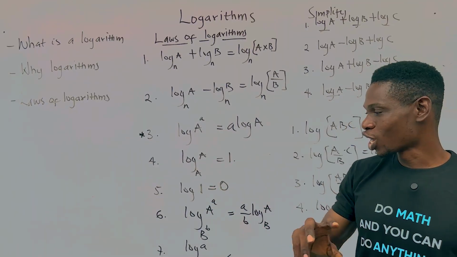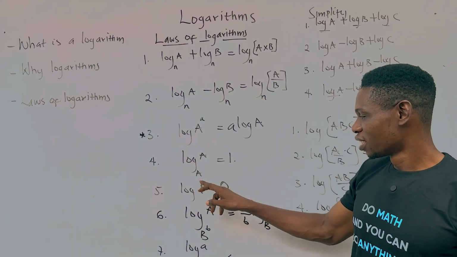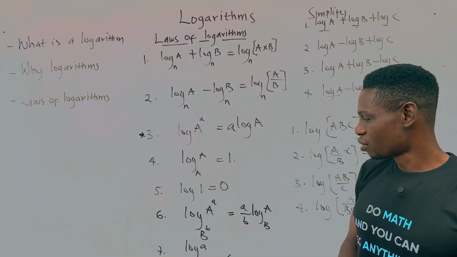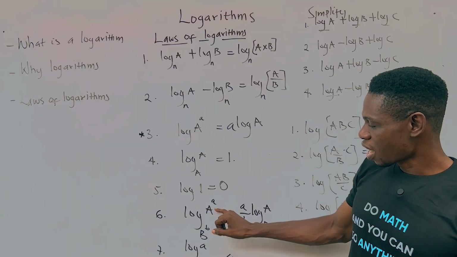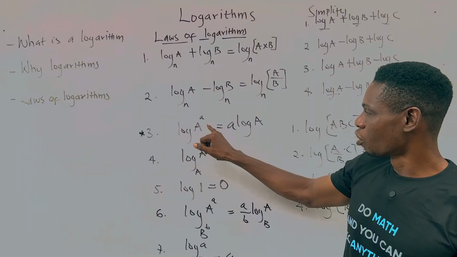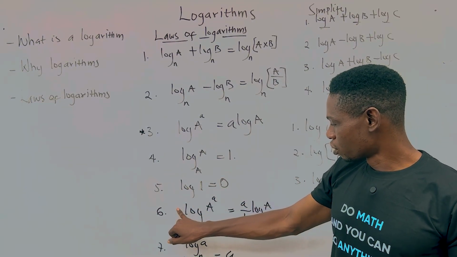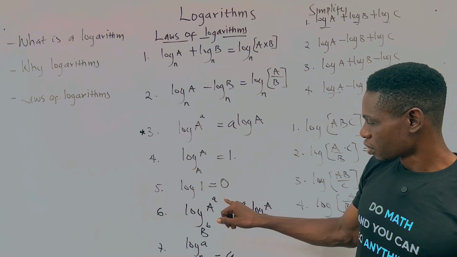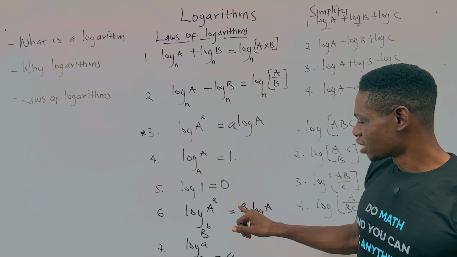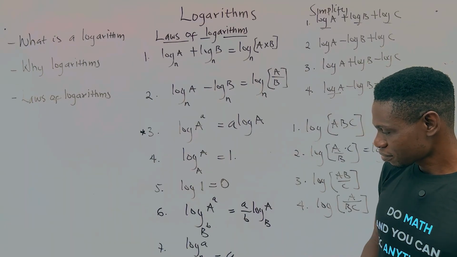Now, if the argument of the logarithm is 1, so long as the base is not 0, the answer is 0. And now, if the argument and the base have powers, just like law 3, we can move the powers to the front so that we have the power of the argument divided by the power of the base, then log, you have power and base.